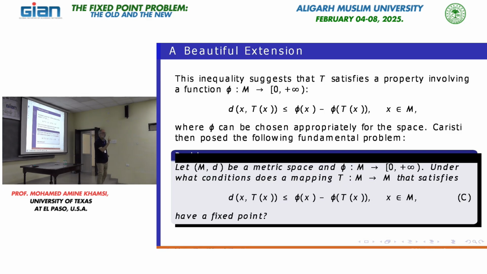Okay, number one. I'm taking you into the mind of Caristi. It gets complicated. What if I take T of x equal x, everywhere? What's the name of this? Identity map. What happened to my inequality? Equality.